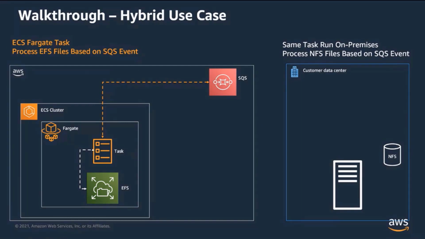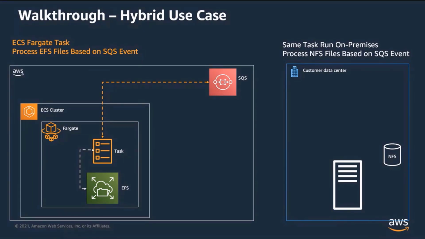So everything remains roughly the same. The task is the same, the logic is the same, but now instead of operating on EFS, you want this task to run in your data center, take the files from NFS and process them, but you don't want to create another queue and so on and so forth. So you still want to use SQS, okay?